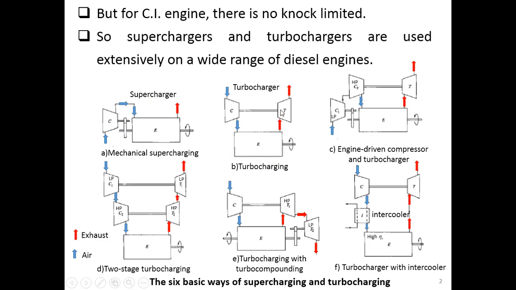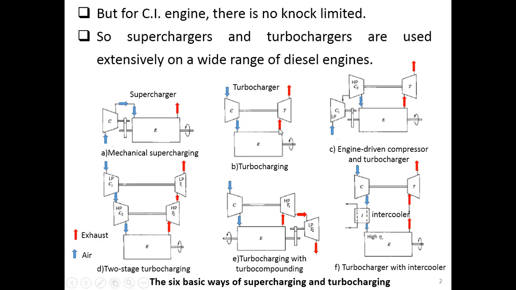The second one is called a turbocharger, because now our compressor receives the work from the turbine, where the turbine can deliver the work to the compressor because of the exhaust that comes out from the engine.